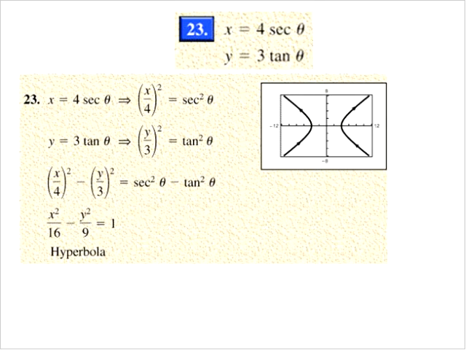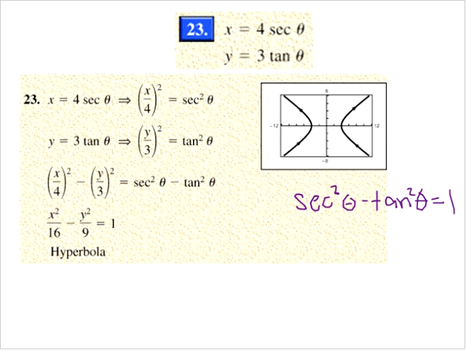Same thing with our next one. We want to think of an identity for secant and tangent. The only identity that I can think of is secant squared theta minus tangent squared theta, and we know that that equals 1.